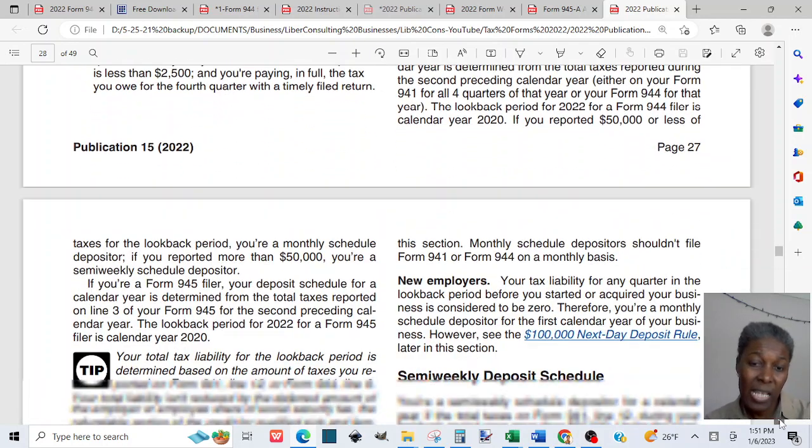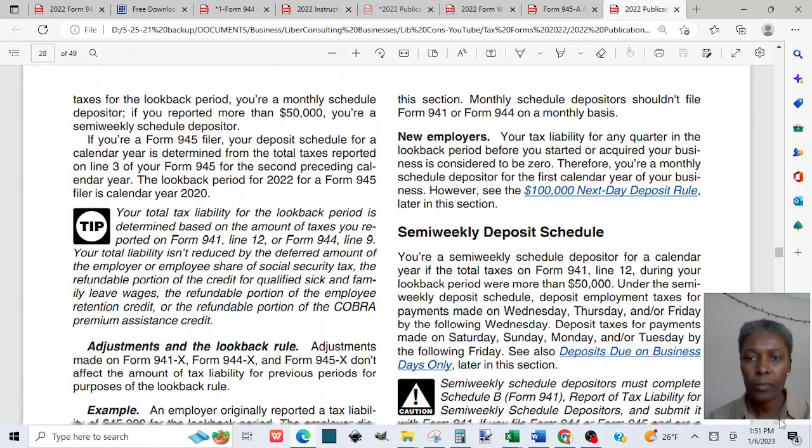If your business is new, or your business is not new but you just start hiring or you just start paying yourself, it's like you are a new employer. So your tax liability for any quarter in the lookback period before you start your business is considered to be zero.